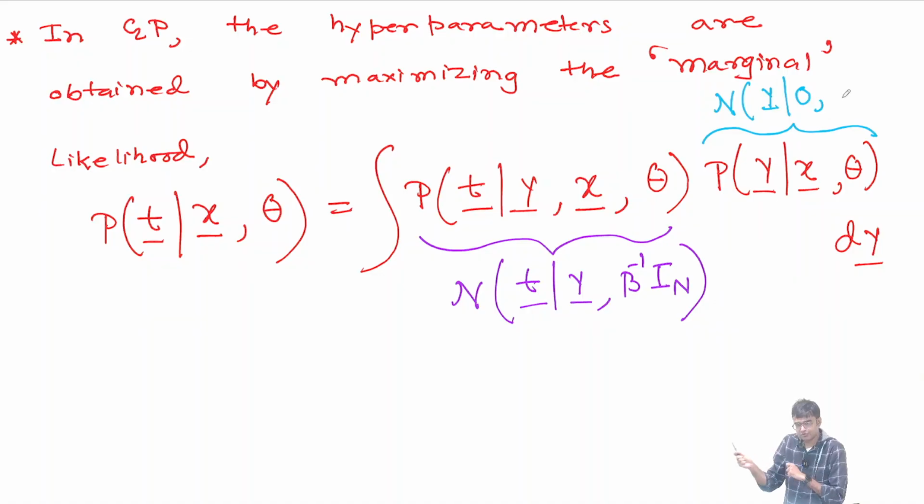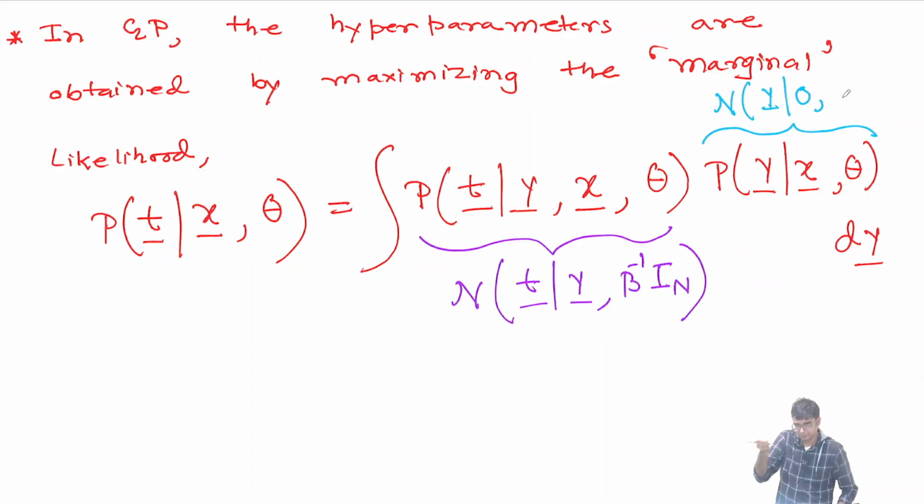K of x comma x is a generic one. In this case, it is k of xi comma xj, where i and j go from 1 to n, because we have n data points. So this covariance will now be n cross n. It is k of xi comma xj, where i and j both go from 1 to n.